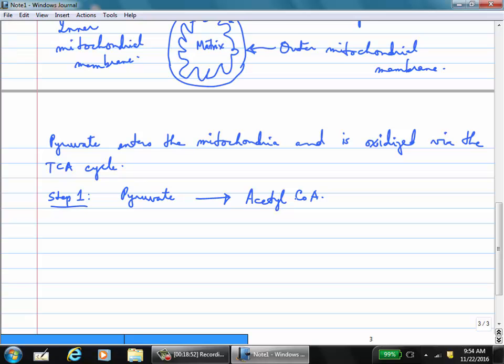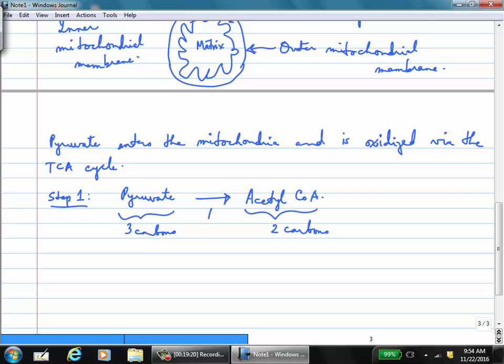Now, how many carbons does pyruvate have? I mentioned that earlier, when you're going through glycolysis. 3 carbons. This acetyl coenzyme A has actually 2 carbons, which means that some carbon has got to be lost.